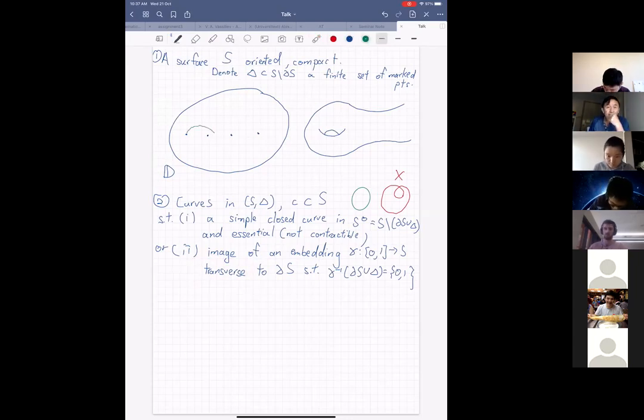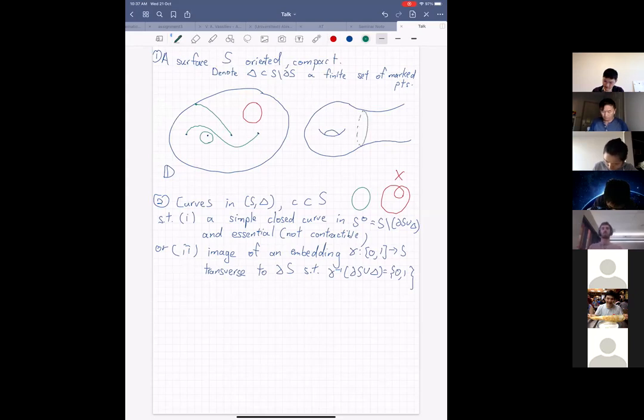But anyway, I will draw some examples. For example, you can take this kind of curve. Okay. Maybe you can take this curve, one in the boundary, one in the puncture. You also can take this curve here. Okay, a simple closed curve, but not contractible. You can't take this kind of curve here, because this is contractible. For a Riemann surface, it is this kind of story.